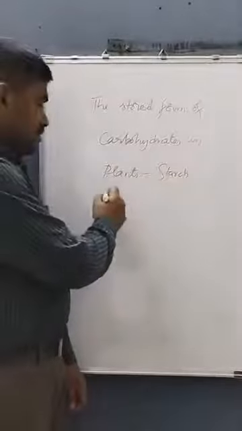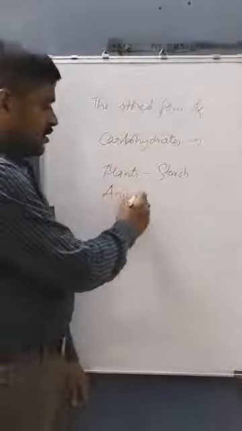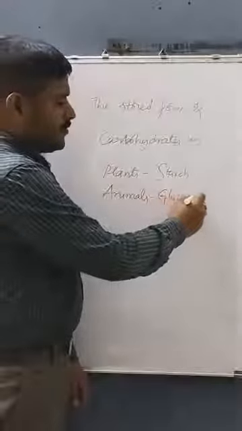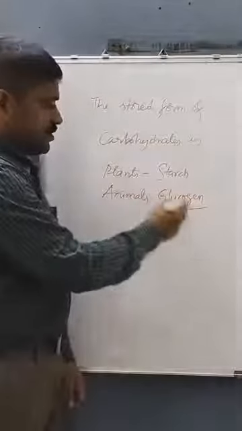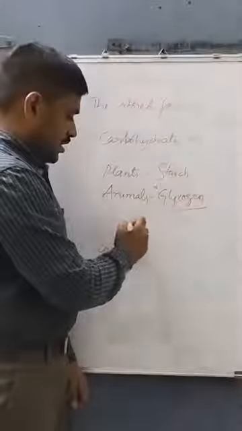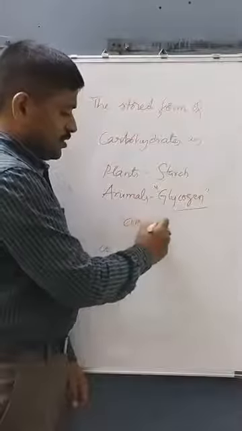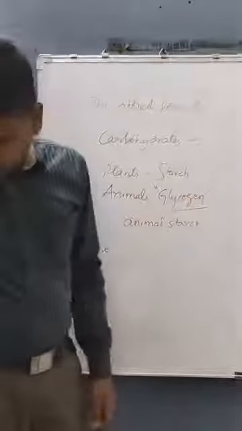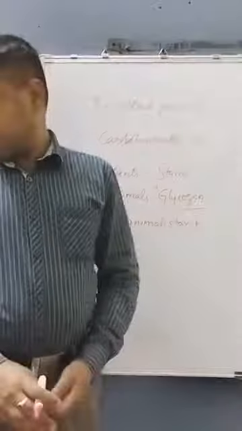In animals, it is glycogen. The stored form of carbohydrates in animals is called glycogen. So glycogen is called animal starch.